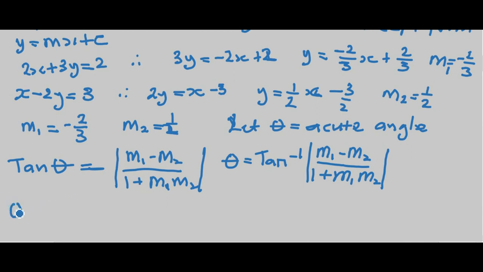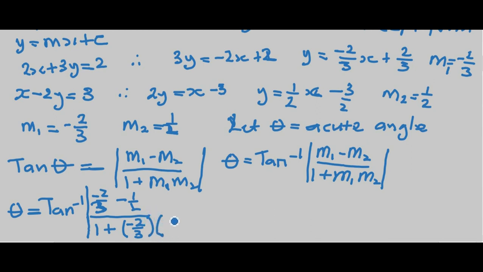We bring the values of m1 and m2 into this equation. We have arctan of the absolute value of (minus 2 over 3 minus 1 over 2) all over (1 plus minus 2 over 3 into 1 over 2).